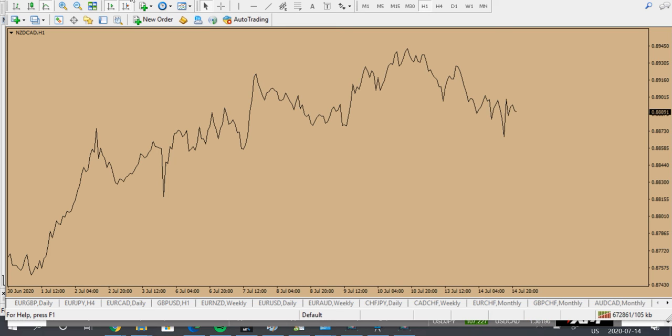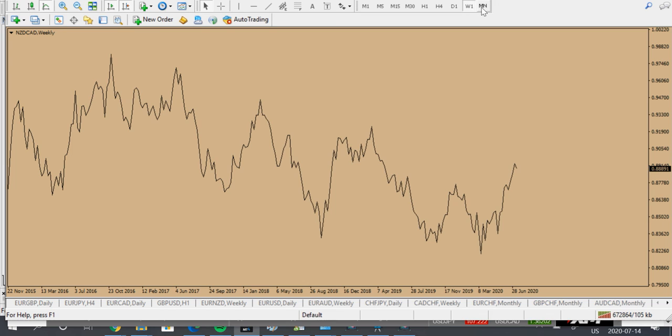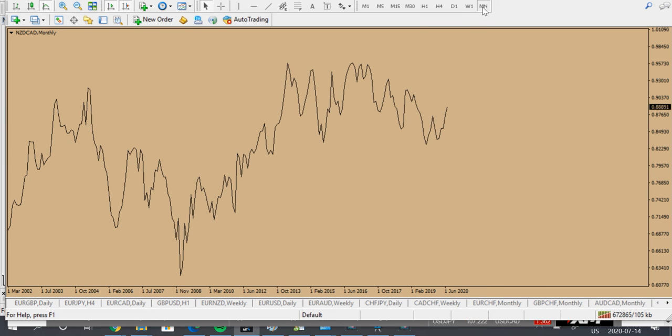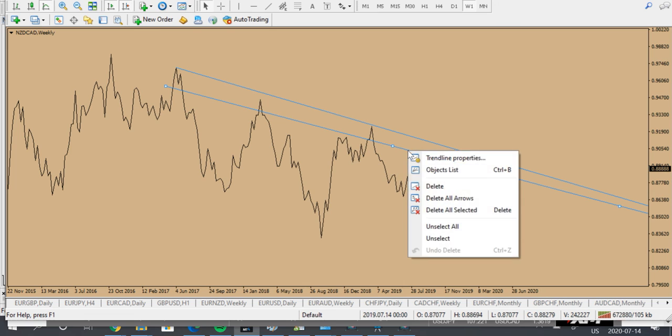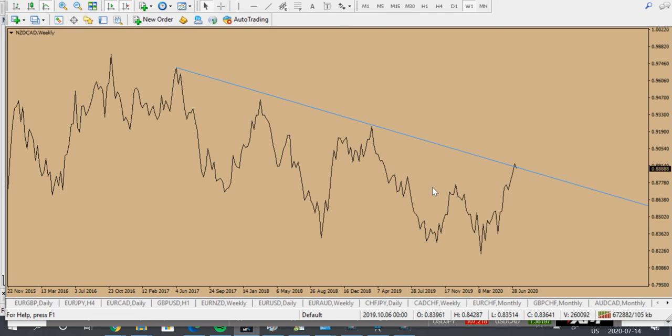NzdCad. Again, here is the weekly trend line, right?